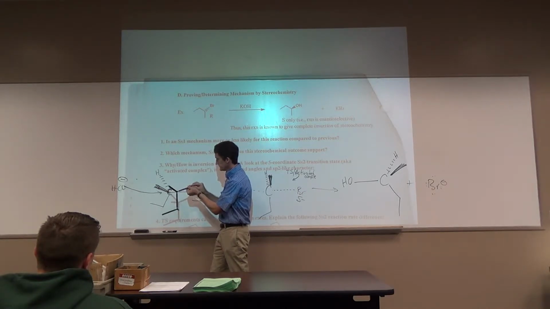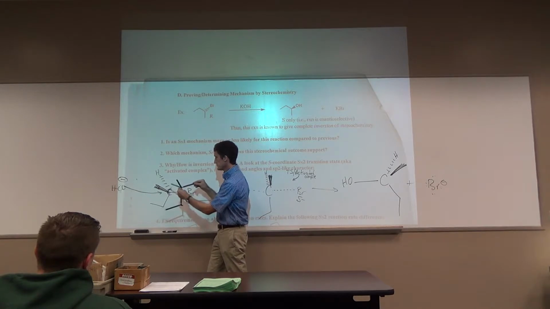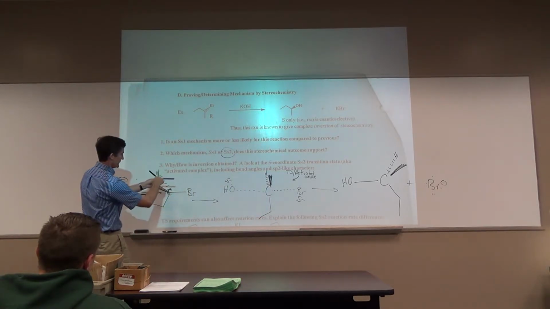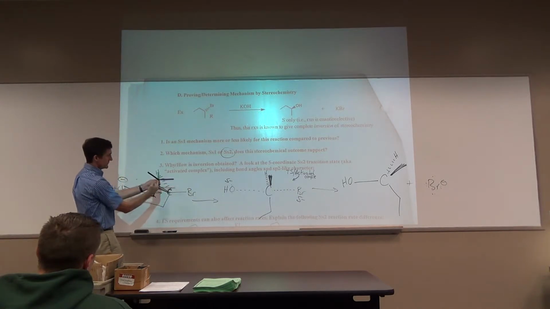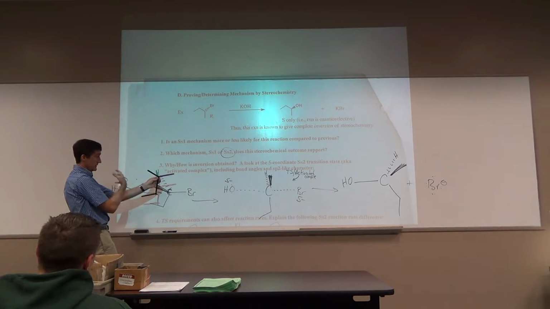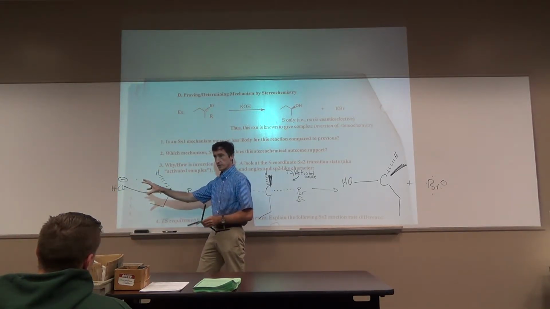Okay. These 2 groups are going that way. I didn't draw it quite right. Actually, I did. If I draw the bromine there, these 2 groups compared to the carbon are coming this way. Okay, they're coming this way. It's almost like those 3 are kind of like my fingers going that way.